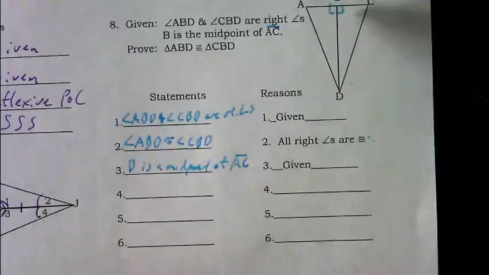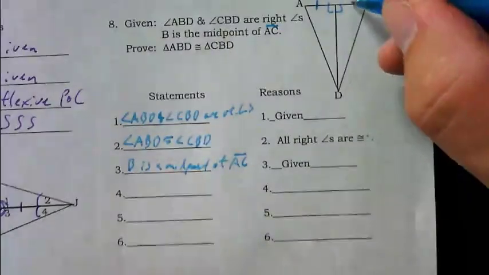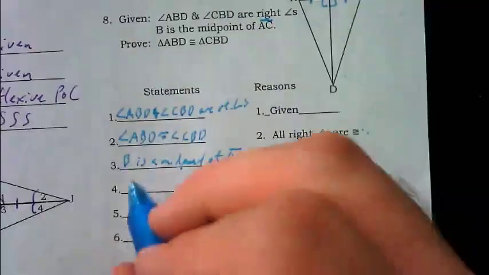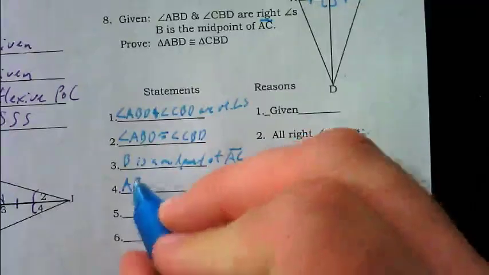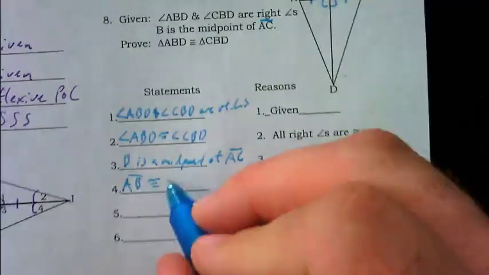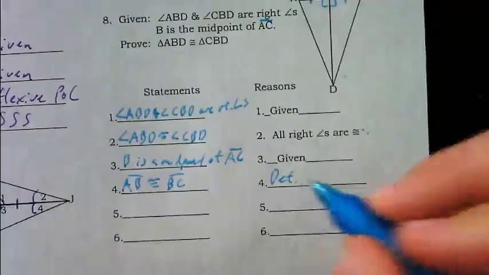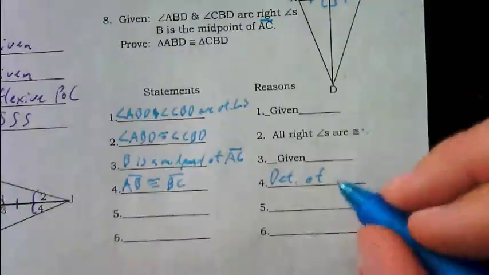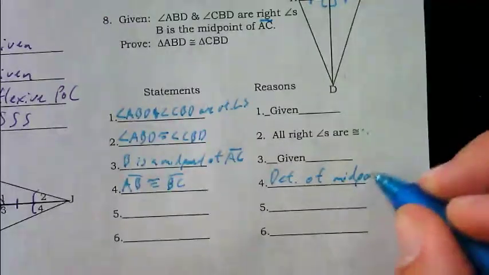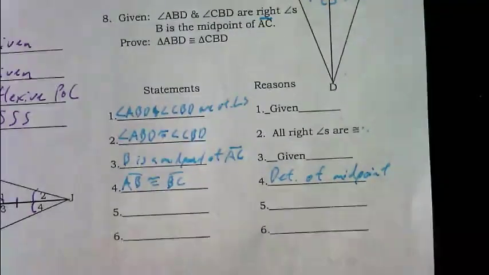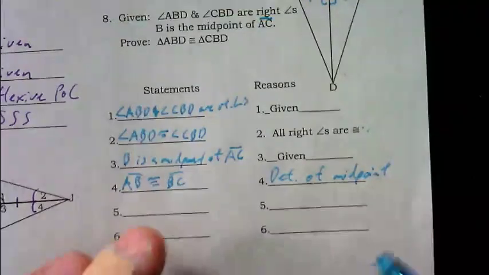B would have to be bisecting AC, so what's true about AB is congruent to BC. AB is congruent to BC, because that's our definition of a midpoint. A midpoint bisects a segment into two congruent pieces. All right.